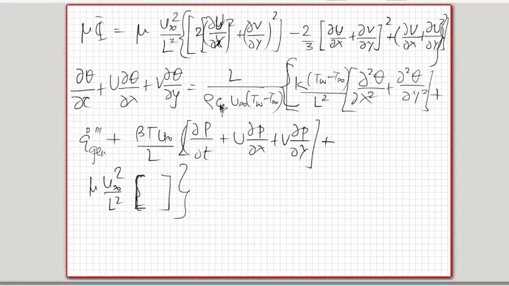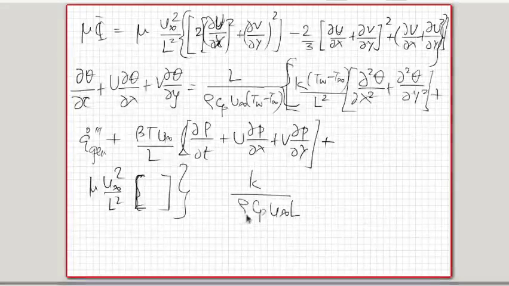So what are the terms that I will get? The L squared will become 1 by L here, the T wall minus T infinity will get cancelled, so it will be K divided by rho Cp U infinity into L. This is the term that I would have.